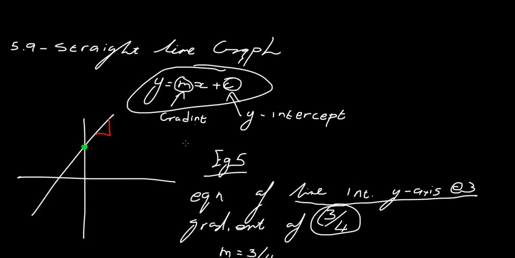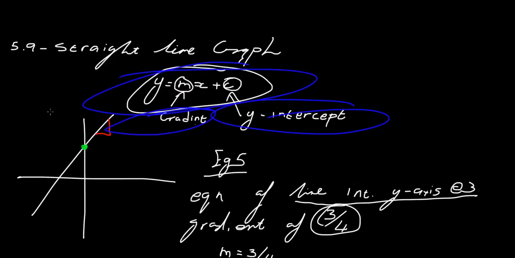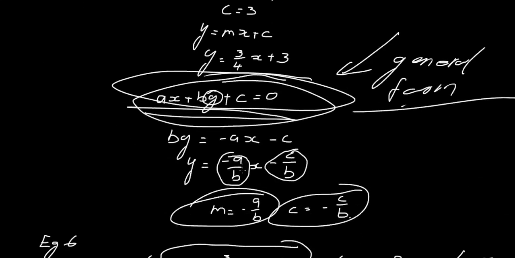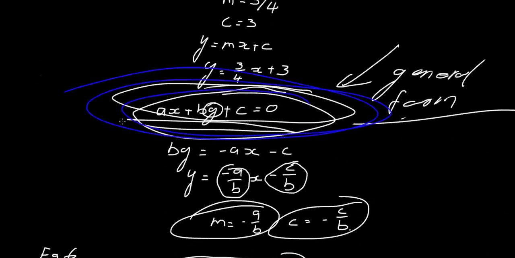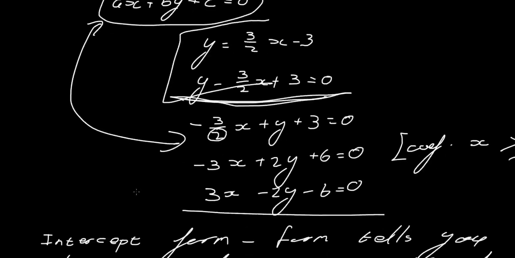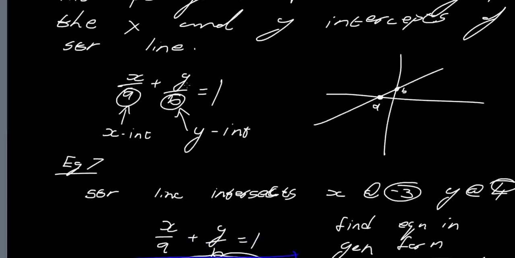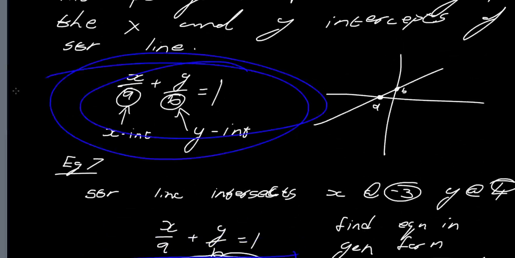For example, with the gradient intercept form, if you're given the gradient and intercept straight away, it's easier to write it in this form and then convert. The general form is just the standard form. There's no particular information that makes it easier to write in this form. And if you're given the two intercepts, you want to use the intercept form because it's easy to write it in that form given the intercepts.